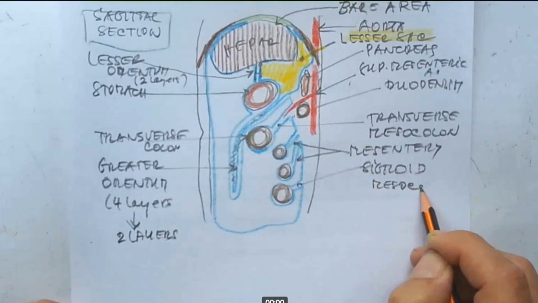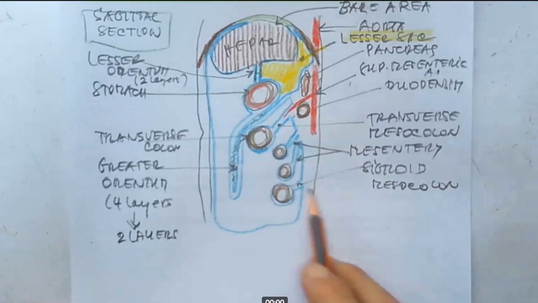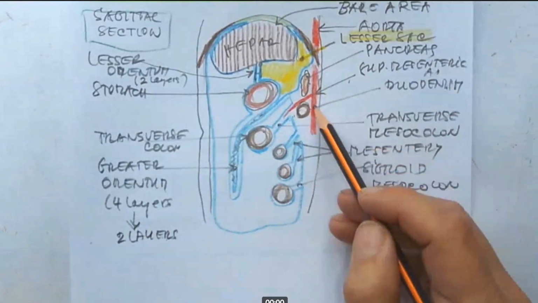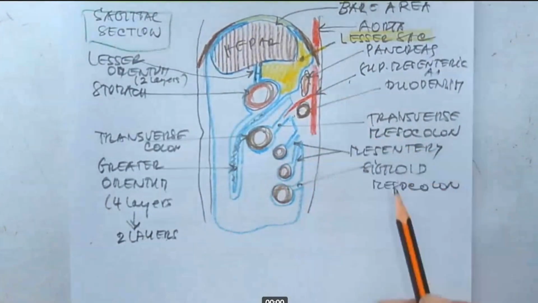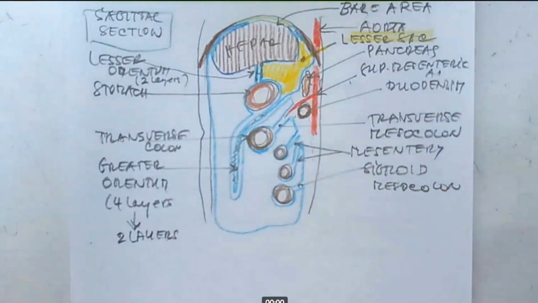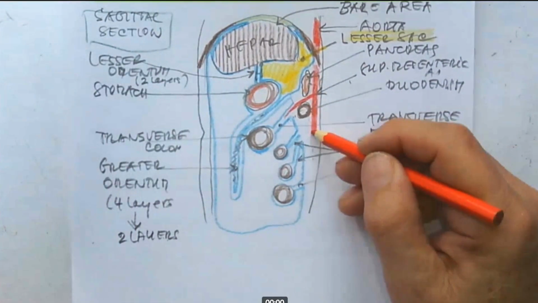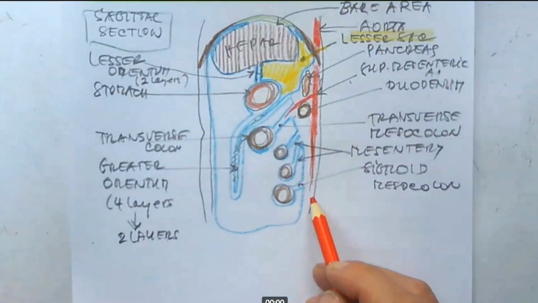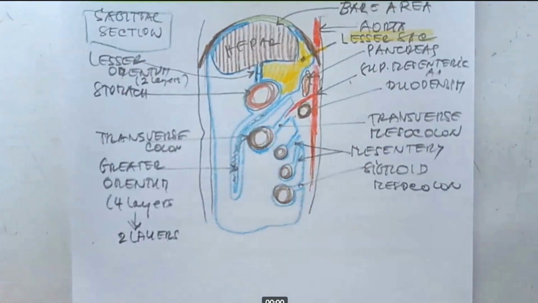That's it. So we see all the structures found in the peritoneal cavity, including the aorta and other retroperitoneal organs. That space is called the retroperitoneum. It contains the descending aorta, logically, up to L4, where the aorta divides into the right and left common iliac arteries.